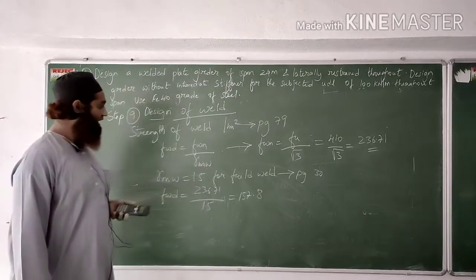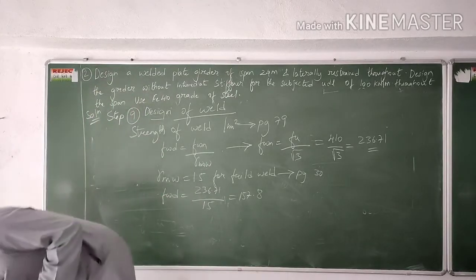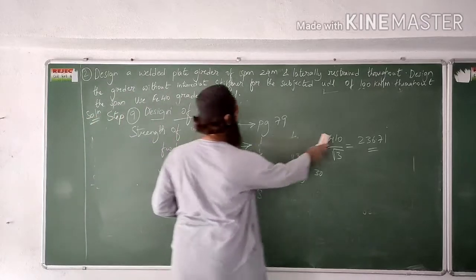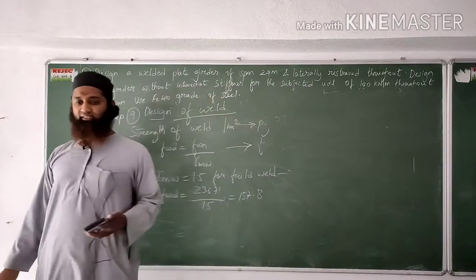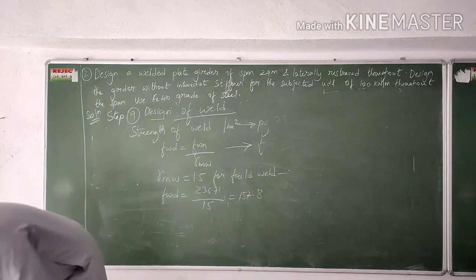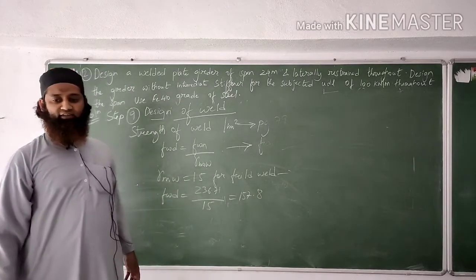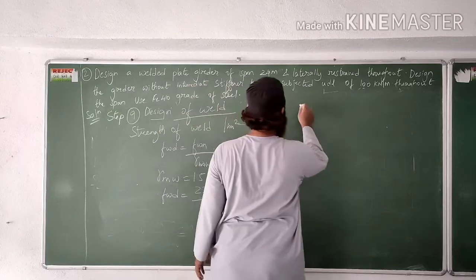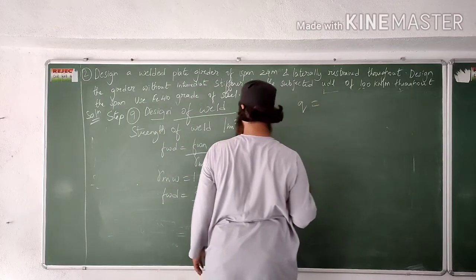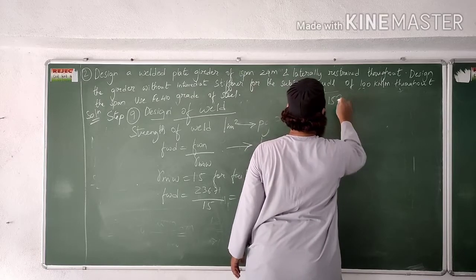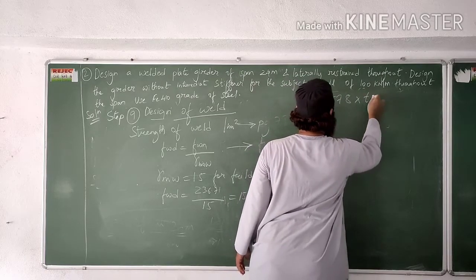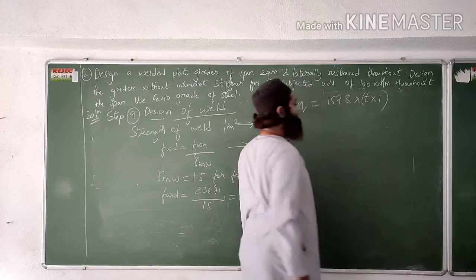Now let us see for the shear what we had got, what will be the value. Shear value we had got as around 837.3. So that is Q is equal to 157.8 into throat thickness T into 1. T is the throat thickness here.